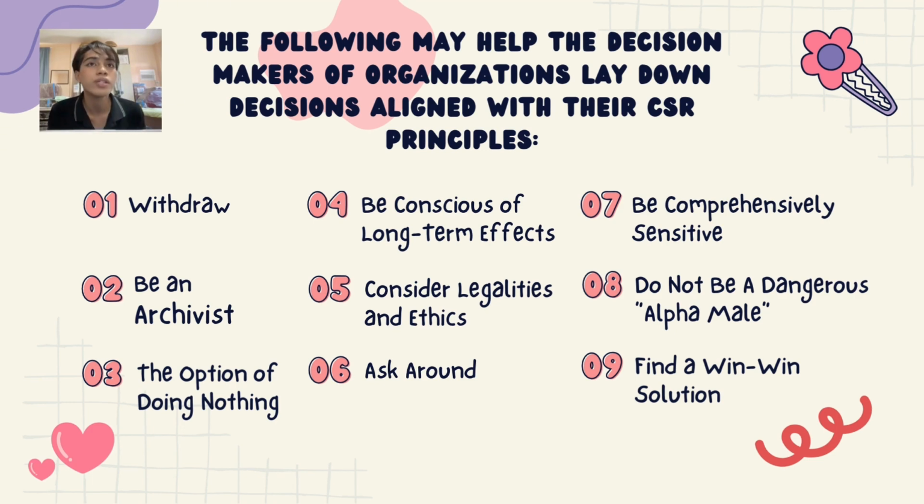Number eight is do not be arrogant or an alpha male. Decision makers should defy the illusion of arrogance that power and authority tend to be associated with. This is particularly essential to safeguard against living and working in a protected, insulated or isolated situation.